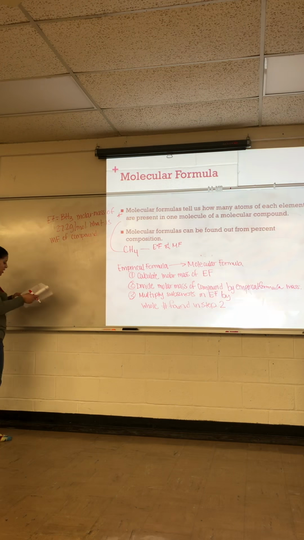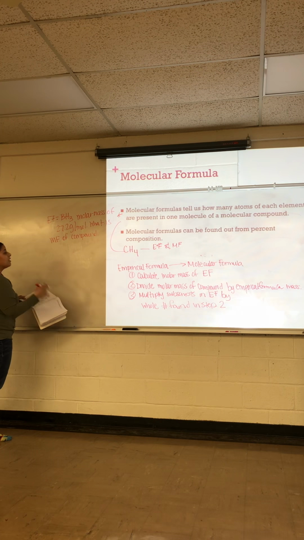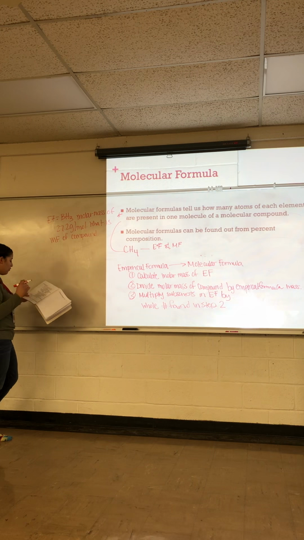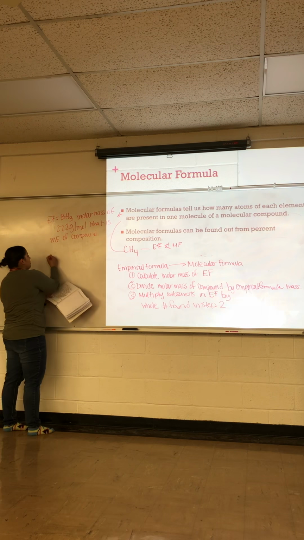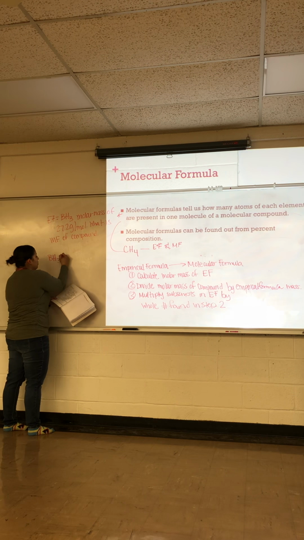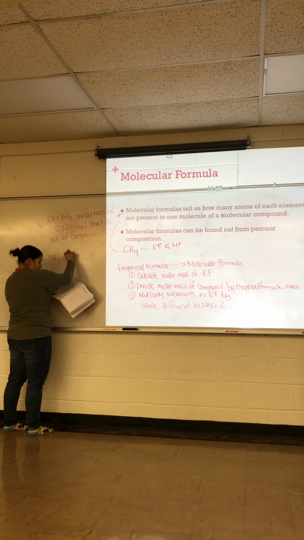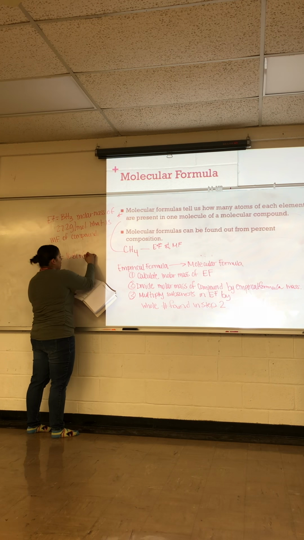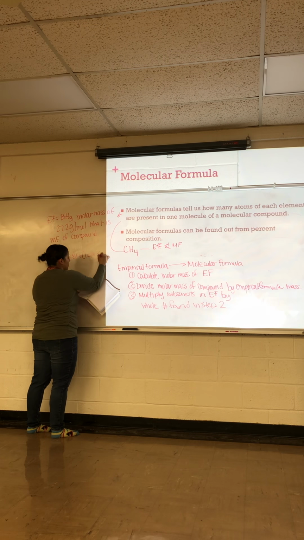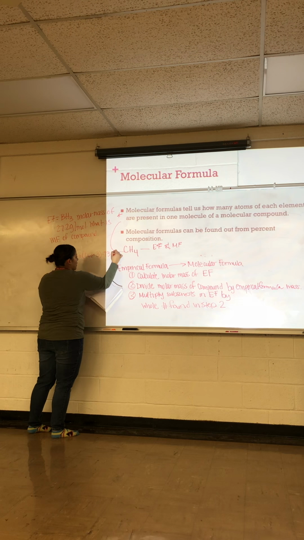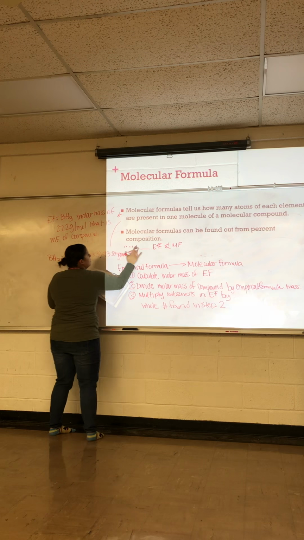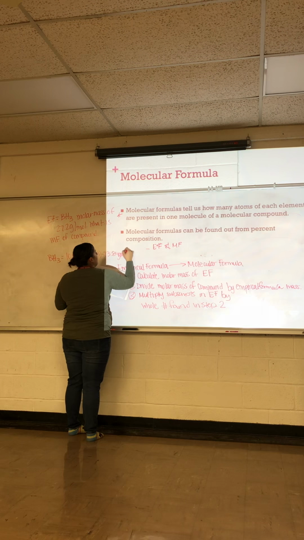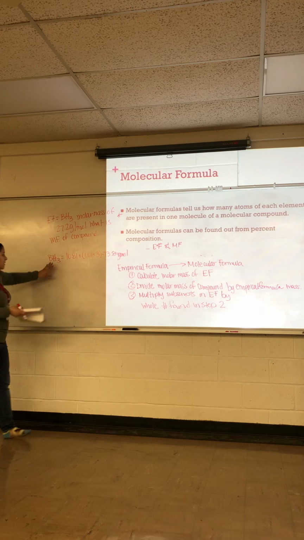So then what I'm going to do is follow my steps. Calculate the molar mass of the empirical formula. So I have BH3. The molar mass of that would be 10.81 plus 1.01 times 3. And that should give you 13.84 grams per mole. That's the empirical formula.